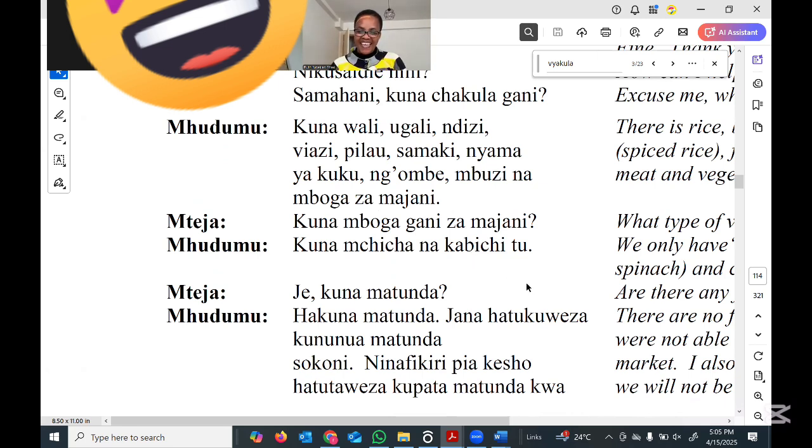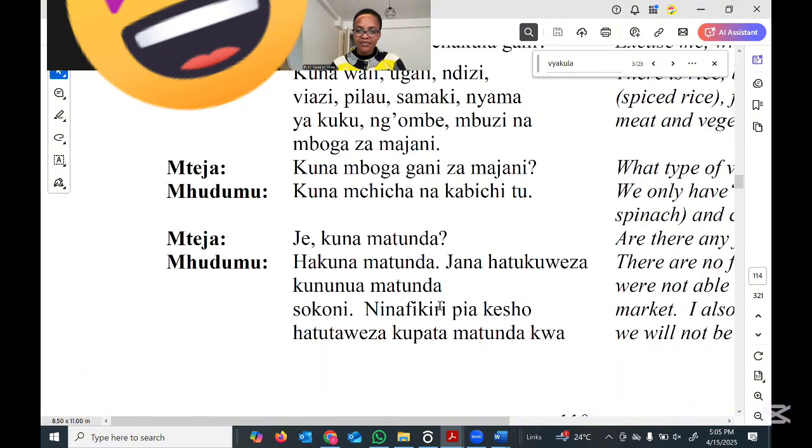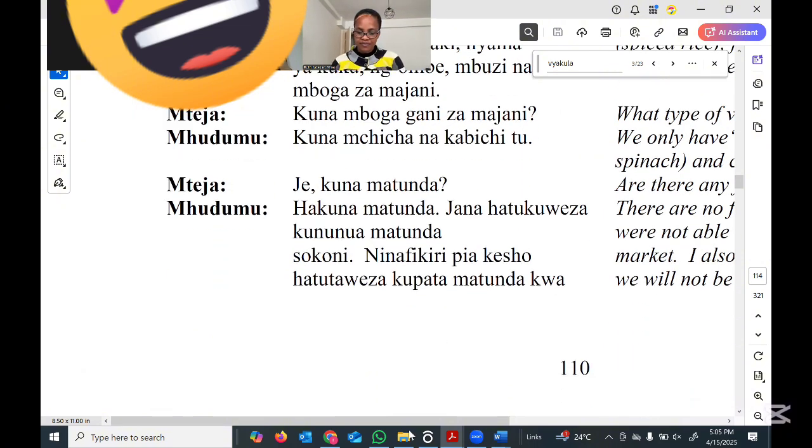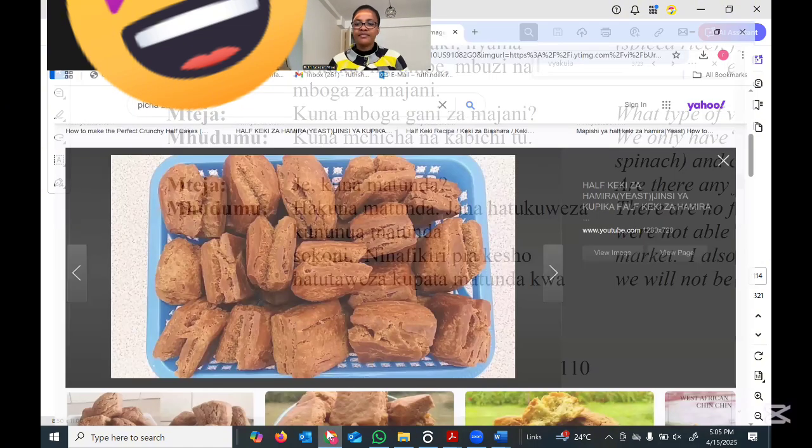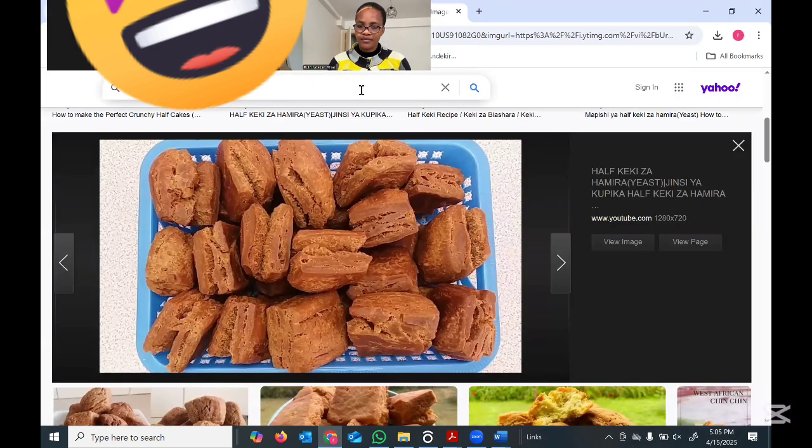Chicken meat. Goat, cattle or cow meat, goat, and vegetables or green leaves. Yes, stew, vegetable stew. What type of stew do you have? We have the spinach.